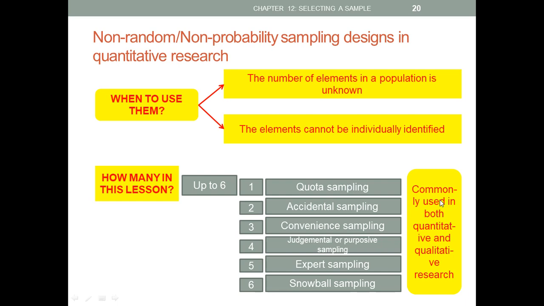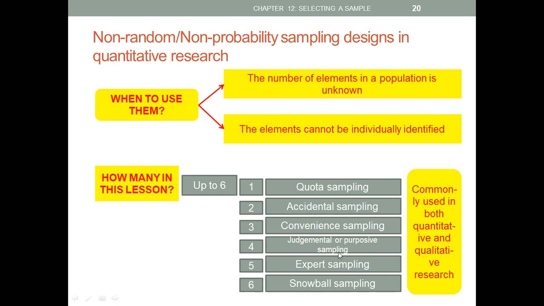They are commonly used in both quantitative and qualitative research. So if you conduct a survey, which is a quantitative study, and you cannot afford to use probability sampling design, you have the option.